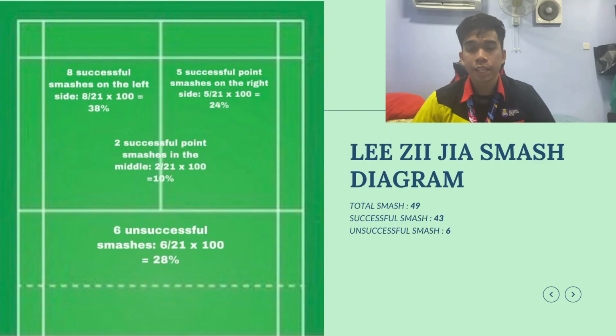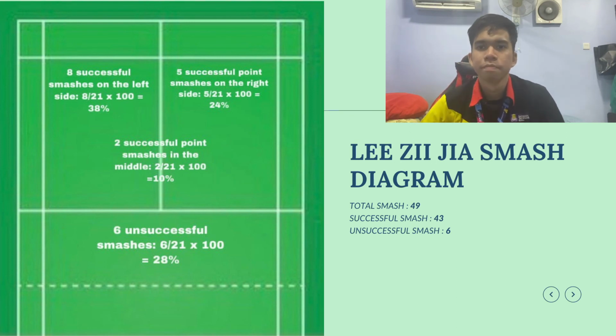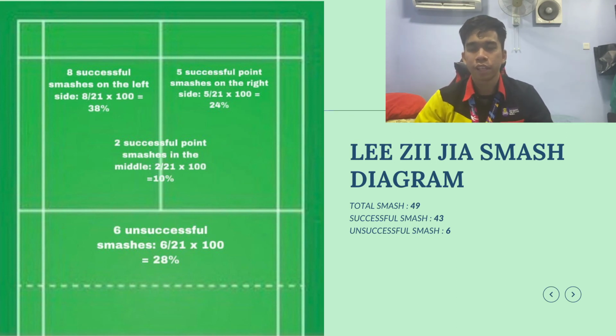Now let's take a look at the diagram that explains the smash technique. As mentioned before, there are 49 smashes executed by Lizijia, but only 43 of them are successful. Now, if you take a look at the diagram, the total number executed by Lizijia is 21, where 15 of them are successful and contribute to the point.